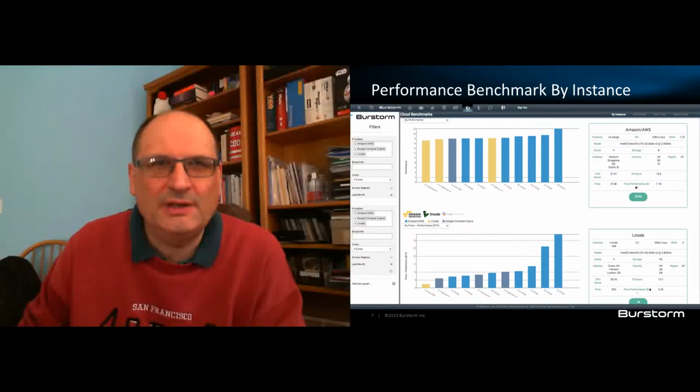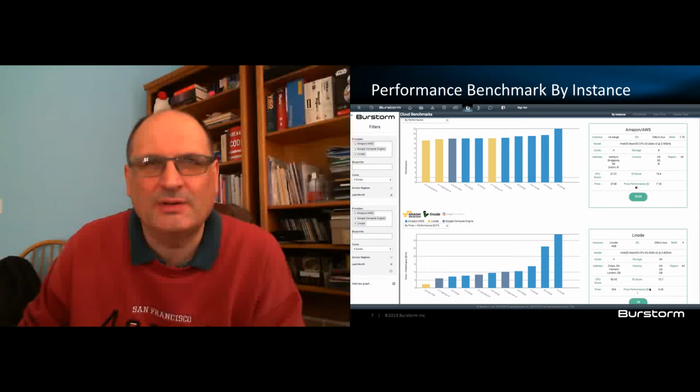So what you're looking at here is the 4 core systems of 3 top providers put next to each other. And at first glance you can see that an AWS instance is the clear performance winner. But then if you look not only at performance but also what it costs to buy that performance, which is the graph underneath it, things shift quite dramatically.